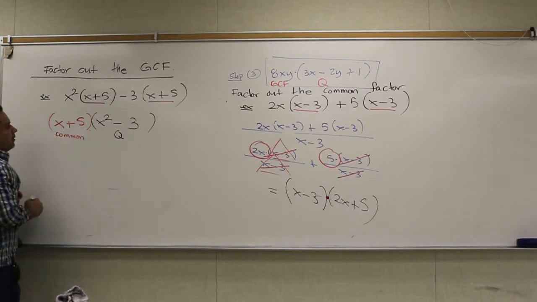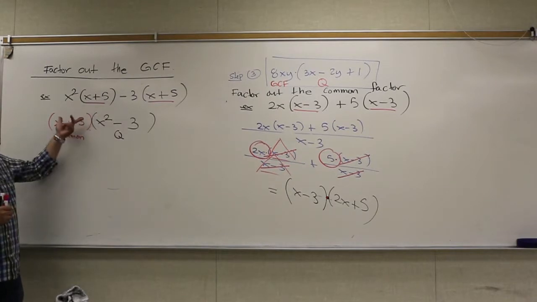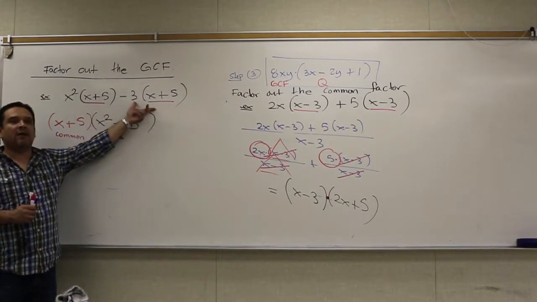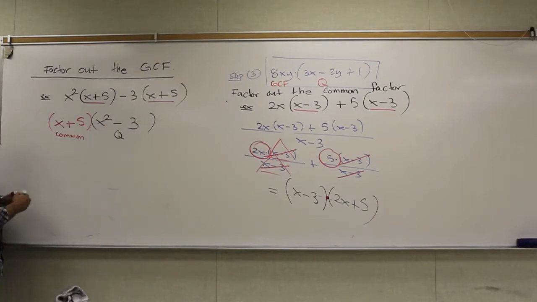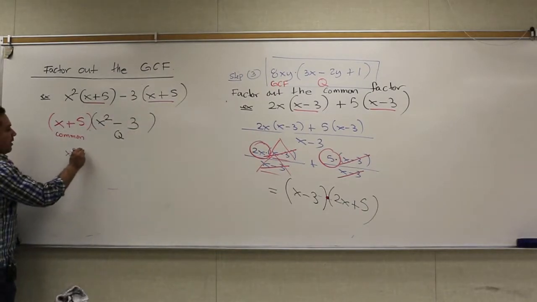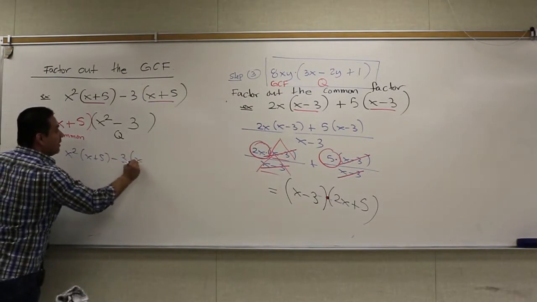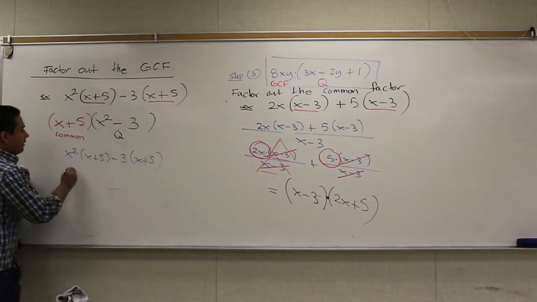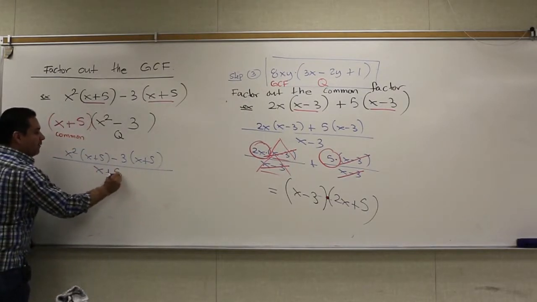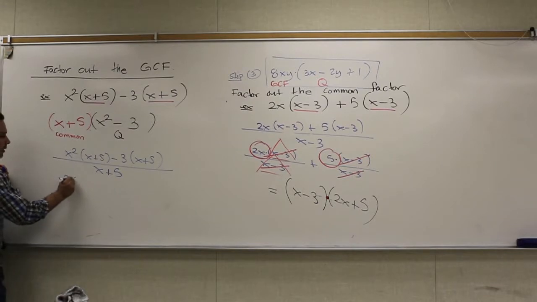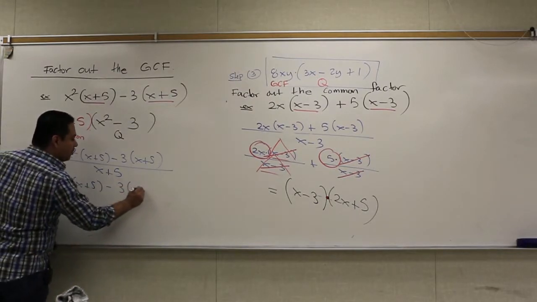Anybody know? Well, some people do this kind of in their head, visually. They look at this and say, I've got x squared times x plus 5, and minus 3 times x plus 5. I'm going to divide my terms by the x plus 5, because x plus 5 is dividing both terms.